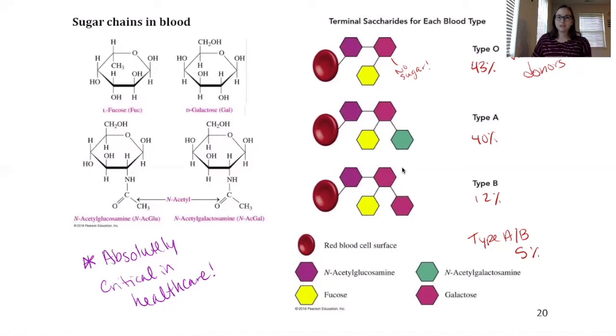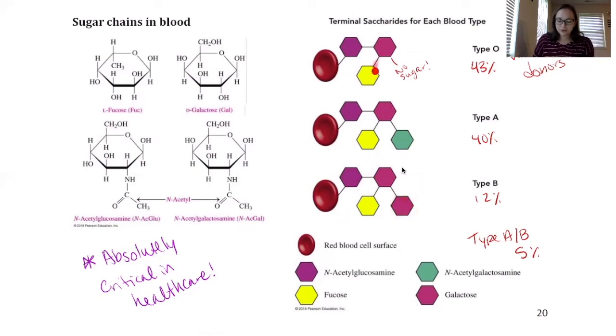You can imagine if someone who is type O, like my dad is type O, was given type B blood, his body would reject that blood because it doesn't recognize what this sugar on the end is.